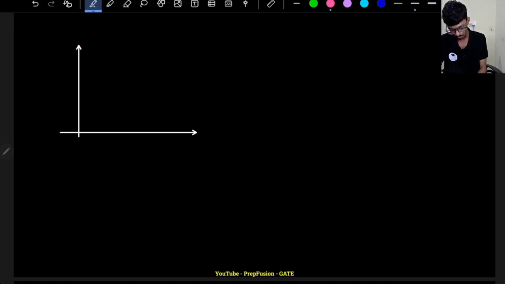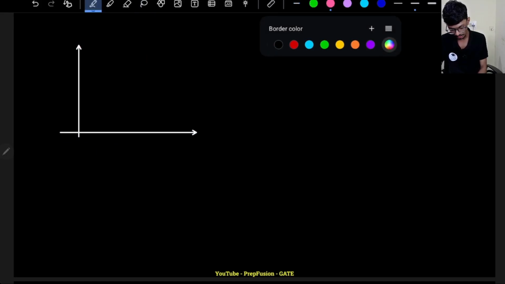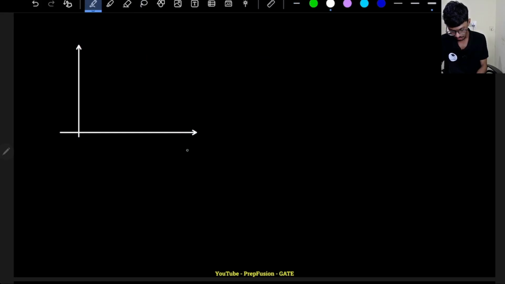Then you will plot the graph, and from there you can draw the open circuit characteristics of the DC machine, correct.